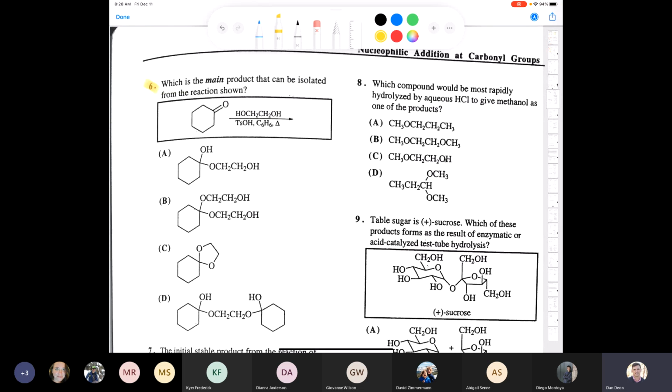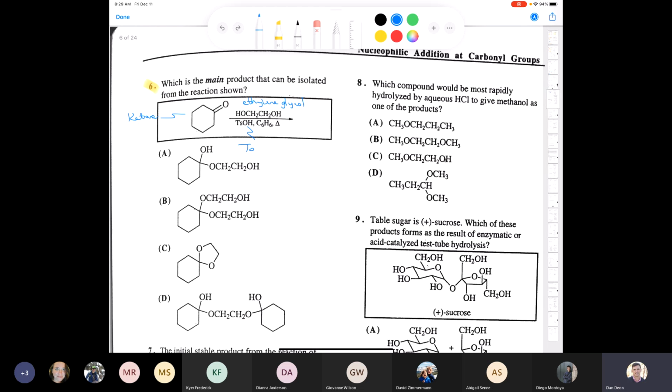It says, what's the main product that can be isolated from this reaction below? We're taking cyclohexanone, so we're starting with a ketone, and we're treating it with ethylene glycol, and toluenesulfonic acid, or tosic acid.